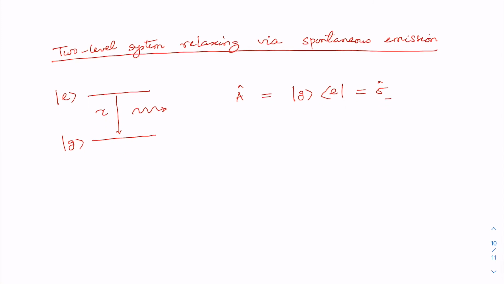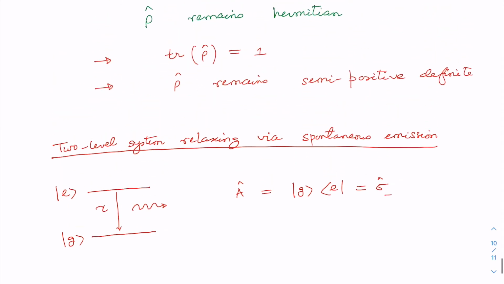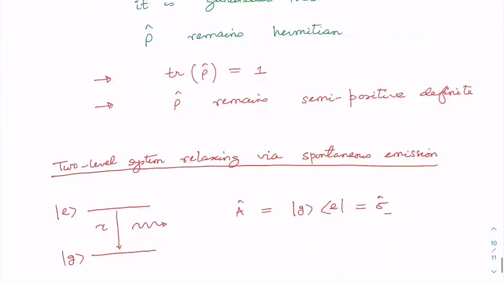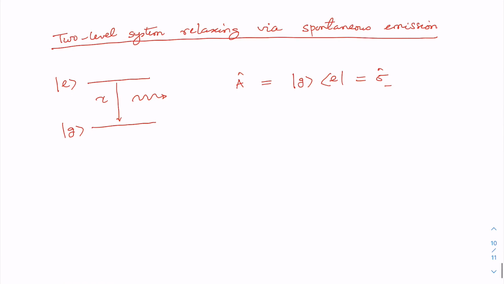Then the master equation, let me write the master equation once again. So we have rho dot is equal to 1 by i h cross [H, rho], because here only one decay process is involved, so in the summation sign only one term is there.